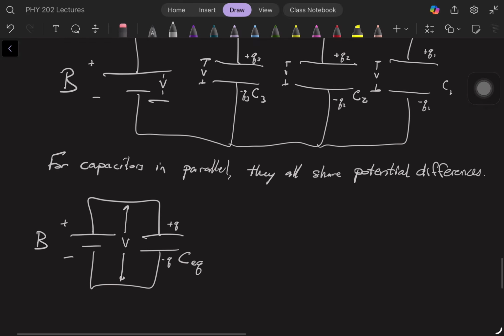It's the same battery, everything's good there. And so we can say Q is the total charge, and so we can say that's equal to Q1 plus Q2 plus Q3.